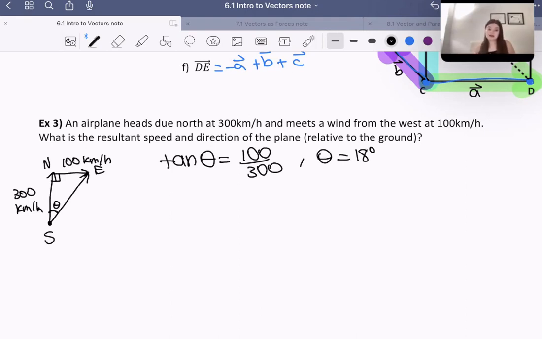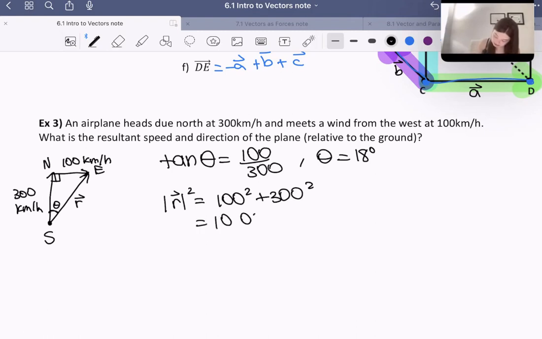Now we need to find the magnitude of the resultant vector. So the magnitude of the resultant vector is equal to the square root of 100 squared plus 300 squared, right? The two legs squared, which is going to end up being 10,000 plus 90,000, which is 100,000. Oh, which isn't that convenient.